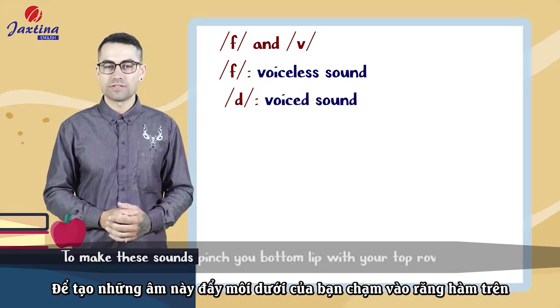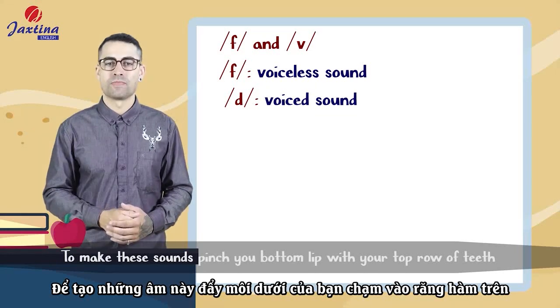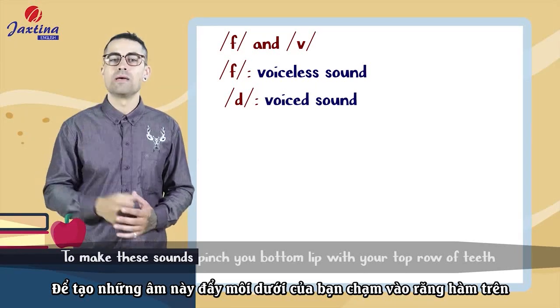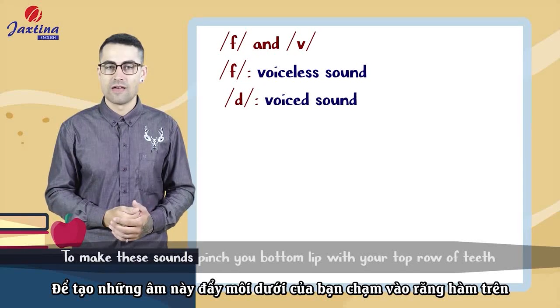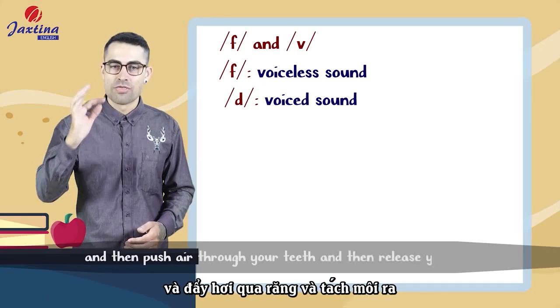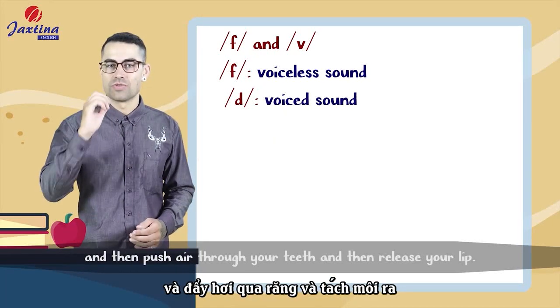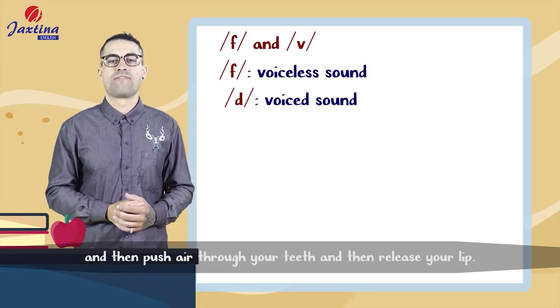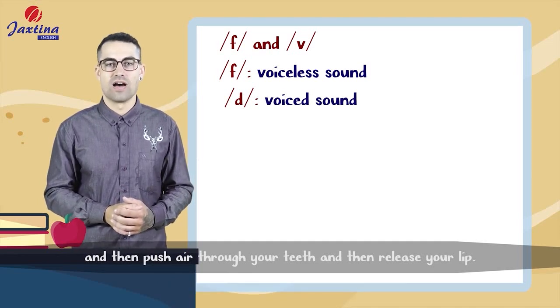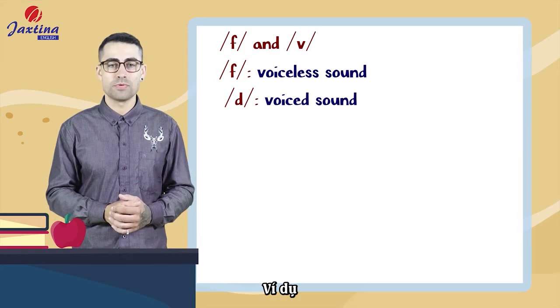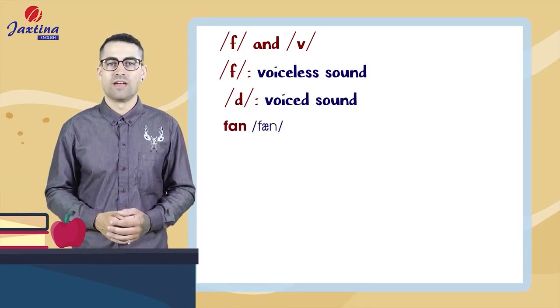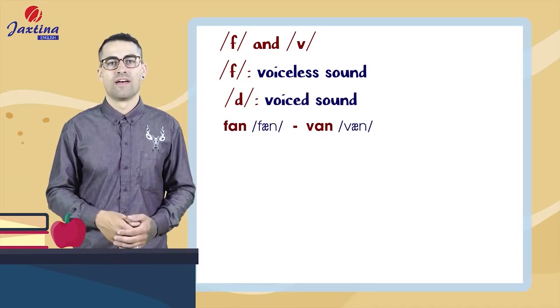To make these sounds, what you will need to do is pinch your bottom lip with the top row of teeth and then push air through your teeth and release your lip.